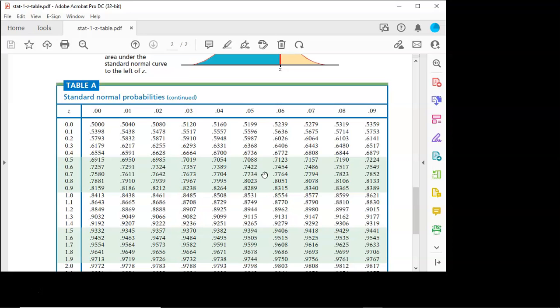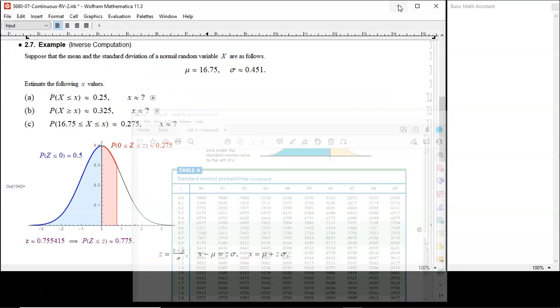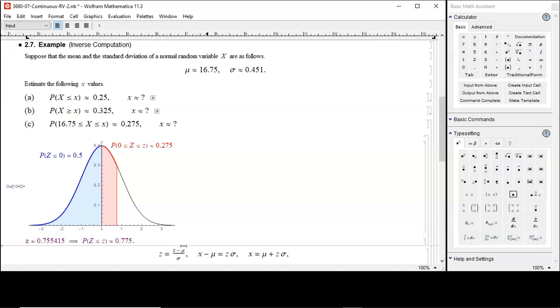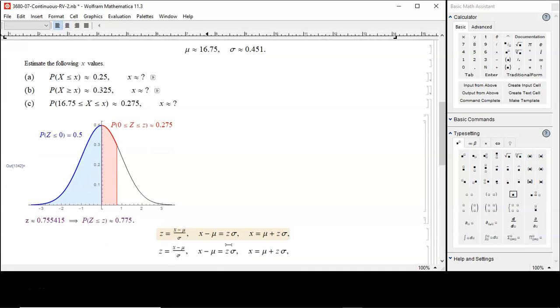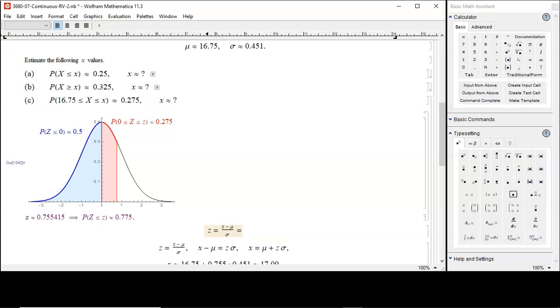That's a probability. And as for the z-score, 0.755, somewhere in the middle. So the z-score, this one, oh come on, this one is 0.755.